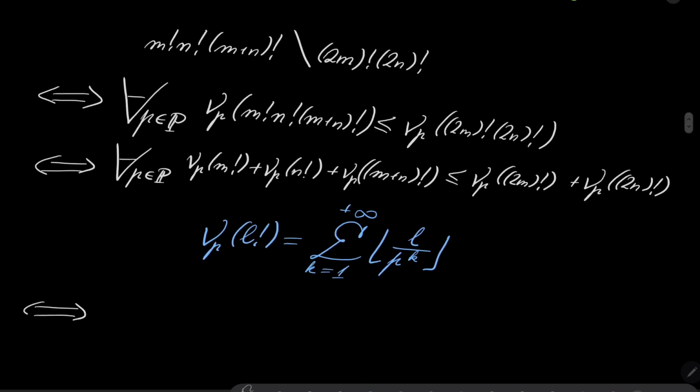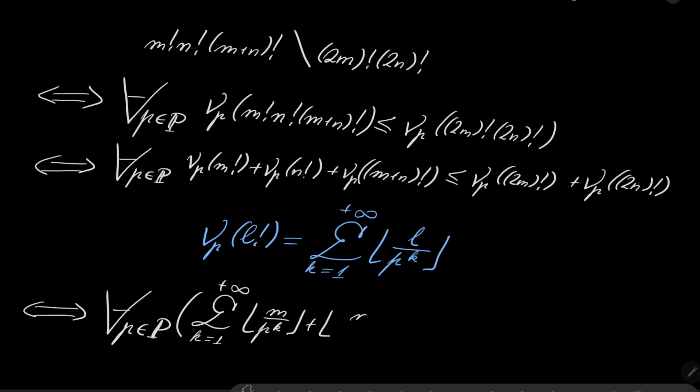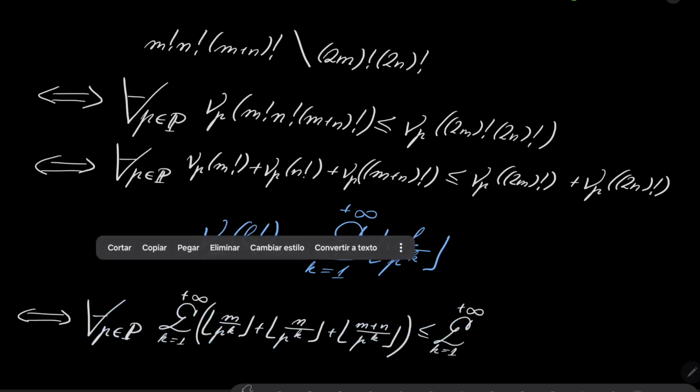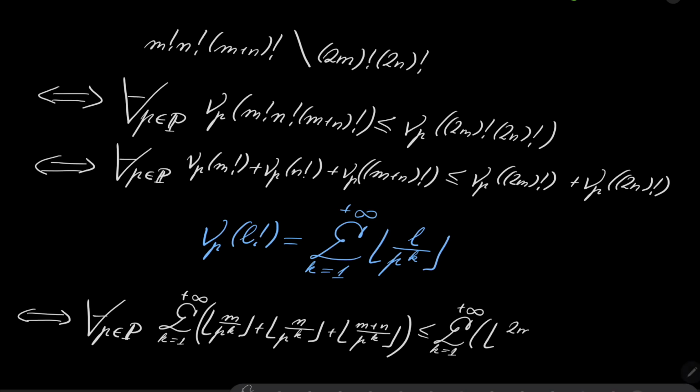And using this formula, we wish to prove that for every prime p, the sum as k goes from 1 to infinity, and notice that we can combine these three sums into one, of floor of m over p to the power of k plus floor of n over p to the power of k plus floor of m plus n over p to the power of k, should be less than or equal to the sum as k goes from 1 to infinity of floor of 2m over p to the power of k plus floor of 2n over p to the power of k.